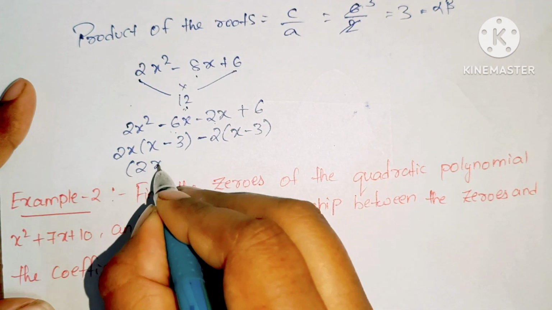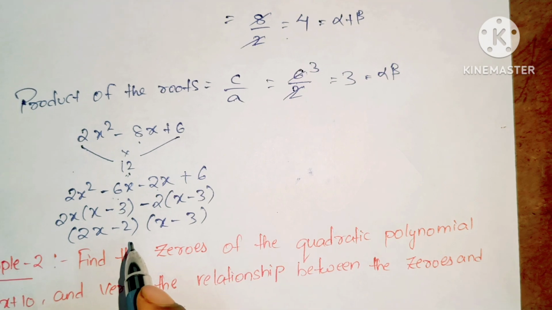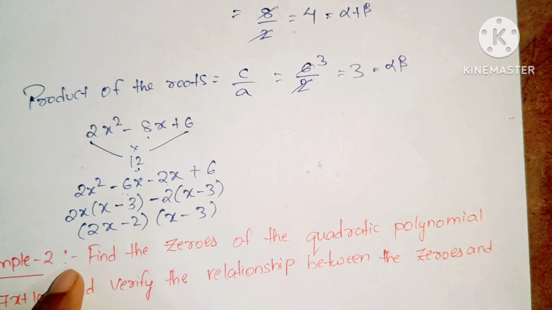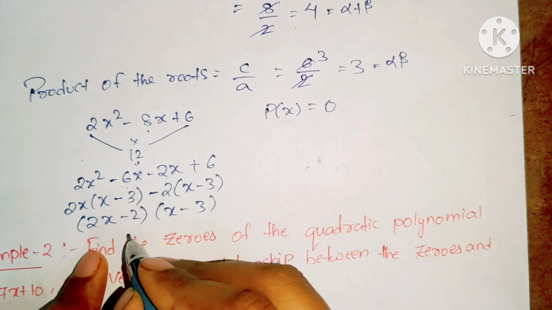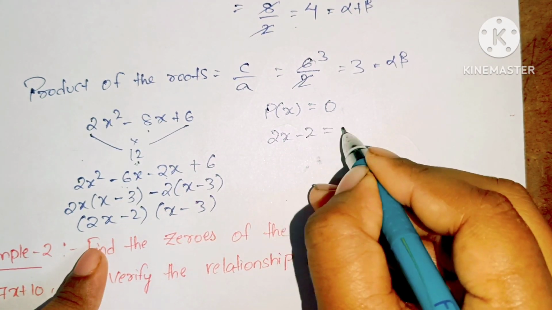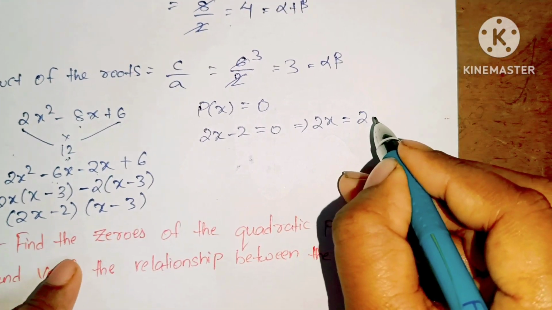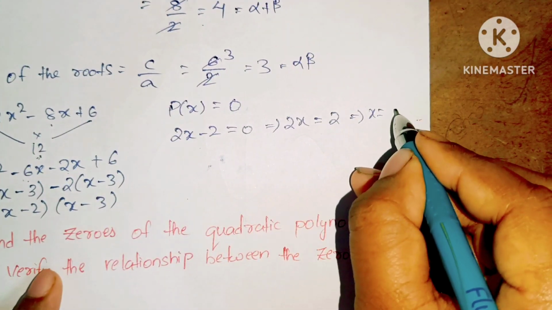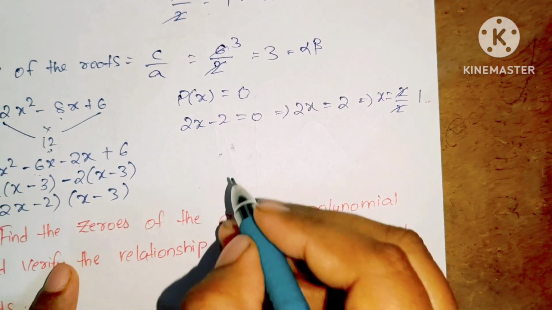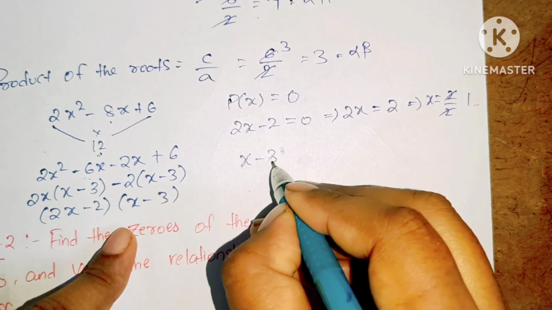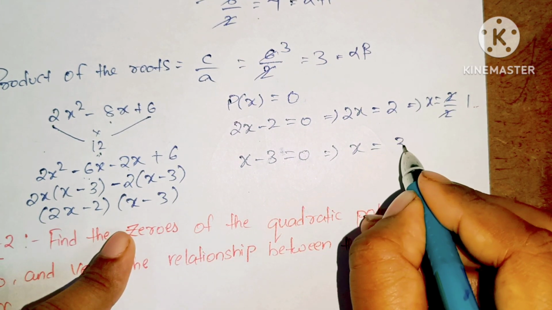So what are the roots? 2x minus 2 and x minus 3. So here you got the factors 2x minus 2 and x minus 3, and you know that p of x equal to 0. That's why 2x minus 2 equal to 0. Then 2x equal to 2, x equal to 2 by 2. How much will you get? 1. So x equals 1, and one more, x minus 3 equal to 0, then x equals 3.